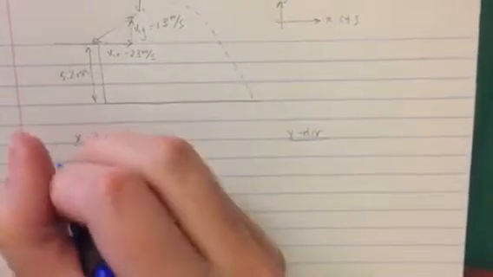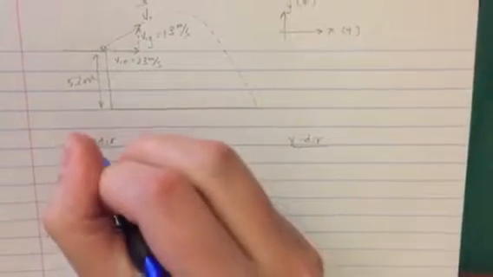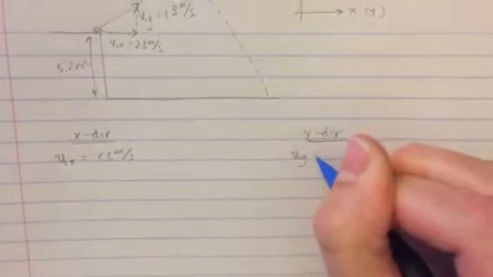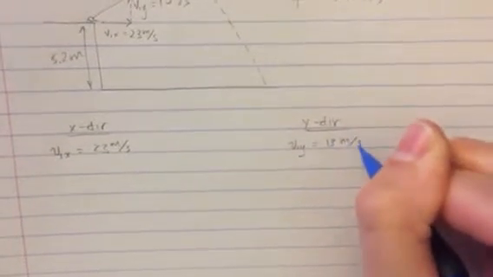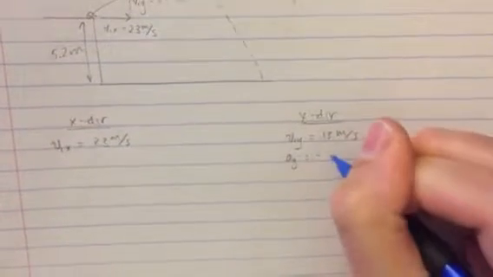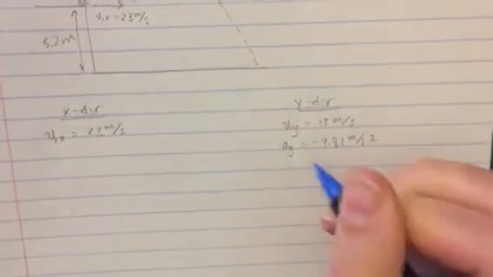In the x direction, the only thing I actually know is the initial horizontal component of velocity, which is 23 meters per second. In the y direction, I have a little bit more information. I know that the initial y velocity is 13 meters per second. I know the acceleration due to gravity is still 9.81 meters per second squared down.